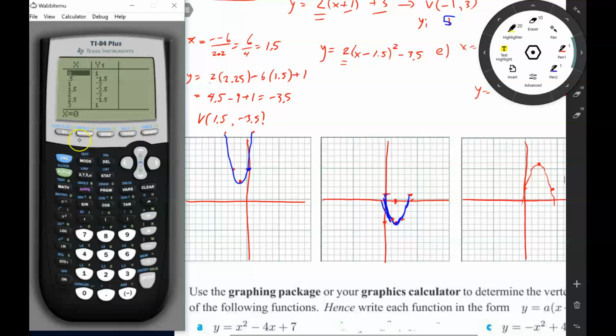One thing we could do is we could also check the zeros using second calc 0. So we could do second calc 0, number 2, and try to find this one. We move the cursor to the left of the 0, hit enter, and then move it to the right of the 0.